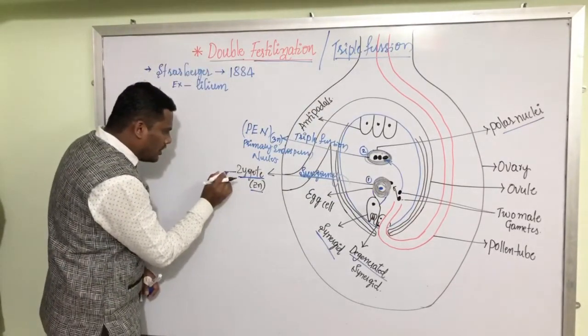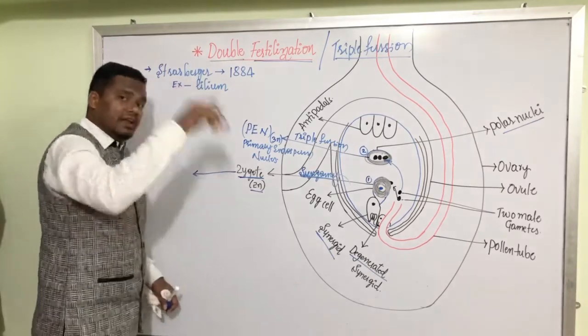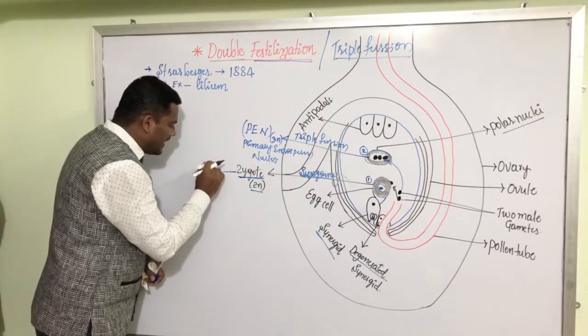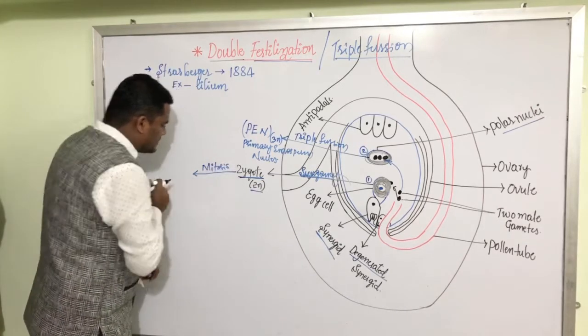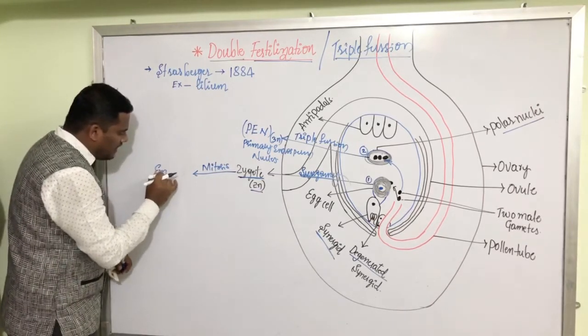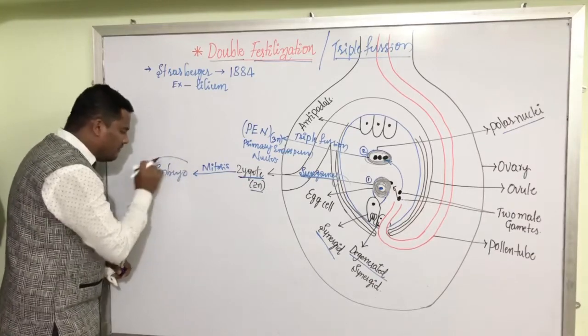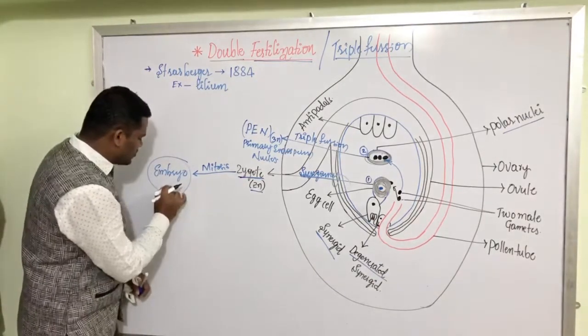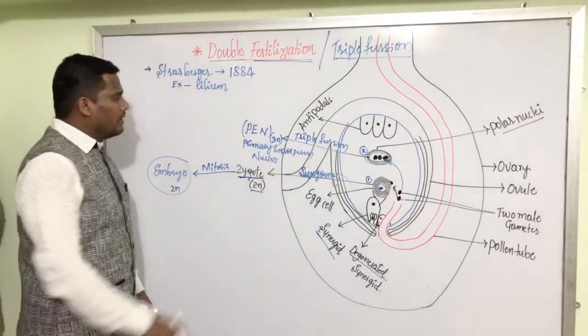This zygote in future continuously divides by mitosis and results in the formation of the embryo, which is also diploid.